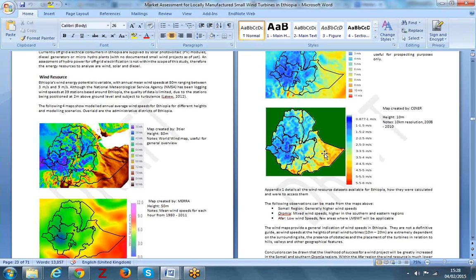The other thing to update is with the real life logging that we've got, which will be in three areas, to see if that corresponds to what the wind maps are saying. But yeah, you're right. In general, just more of a discussion about how sensitive the system is to different wind speeds, and the need for having good wind data and the effect if the wind data isn't quite on.